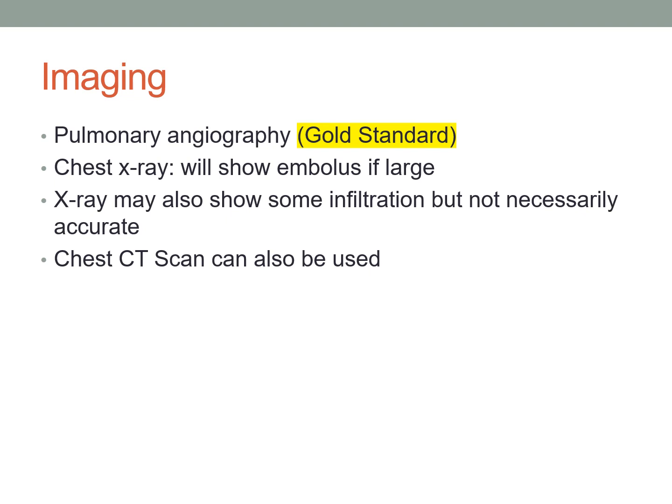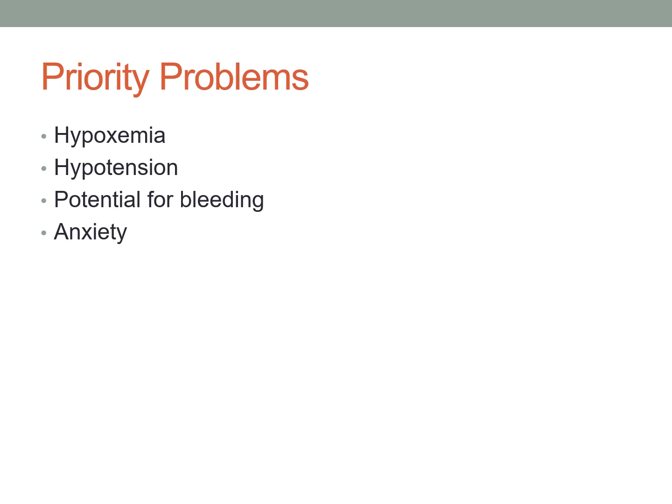That's why the gold standard is not an X-ray or even a chest CT, although you may see doctors order a chest CT, but pulmonary angiography is the gold standard for a true definitive diagnosis for PE. So your high priority problems are hypoxemia, they can't breathe, hypotension, risk for bleeding, and anxiety. If you're going to put them in order, it's ABC, right? Hypoxemia, hypotension, bleeding, anxiety. That is truly your ABC order.